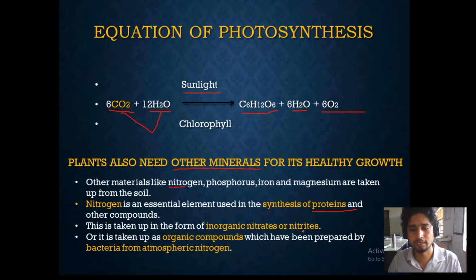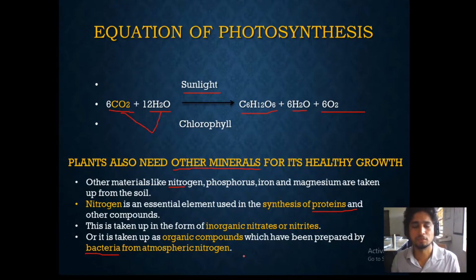Inorganic nitrates or nitrites are taken from the soil for plant growth, or nitrogen can be taken up as an organic compound, which has been prepared by bacteria. Bacteria is a living source. So this organic nitrogen is produced by bacteria, and the bacteria give the nitrogen to plants for their healthy growth.